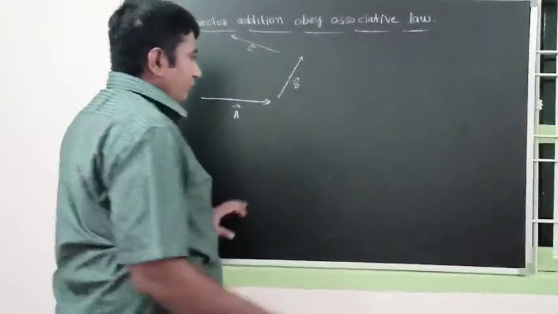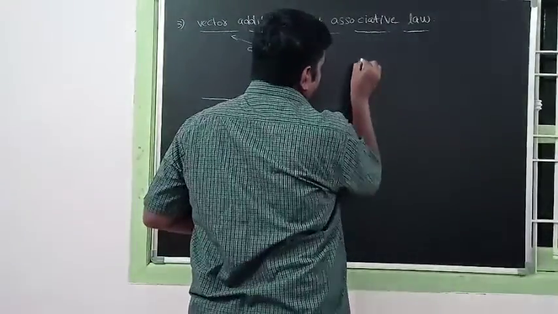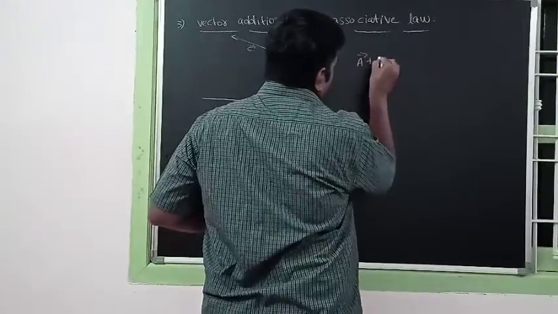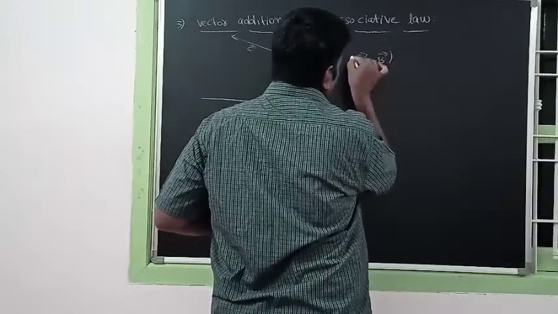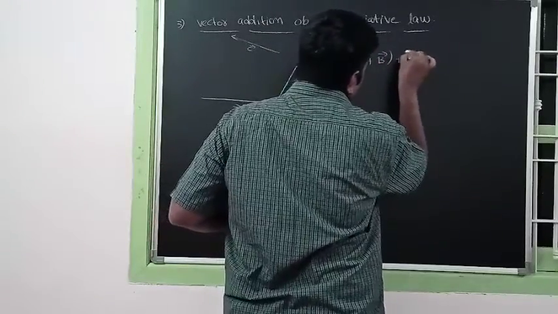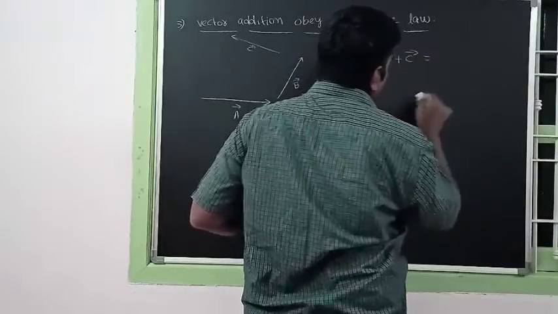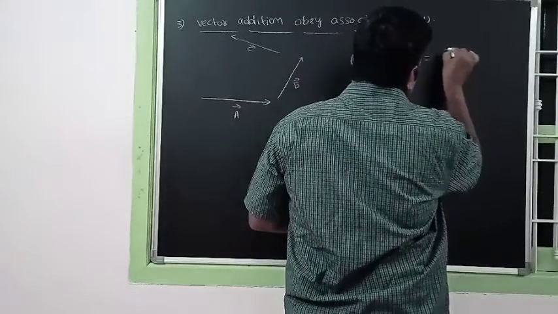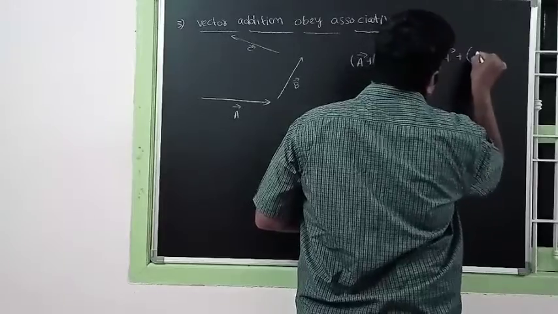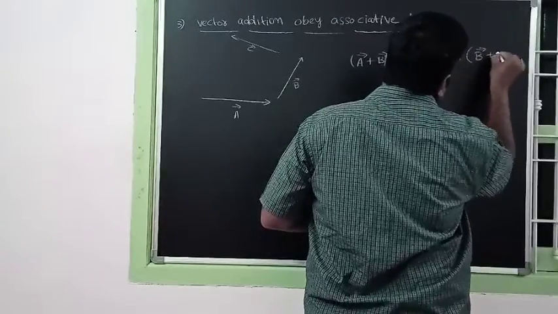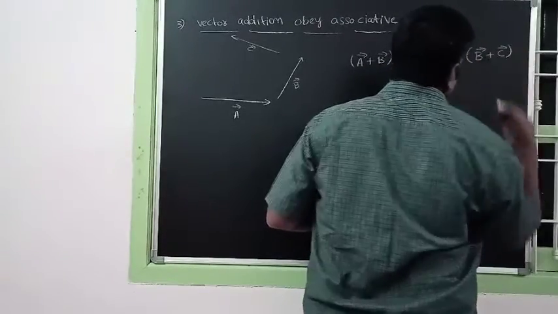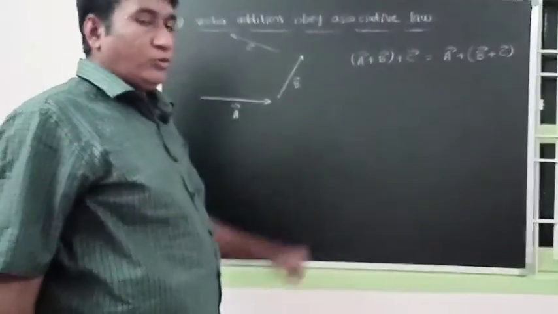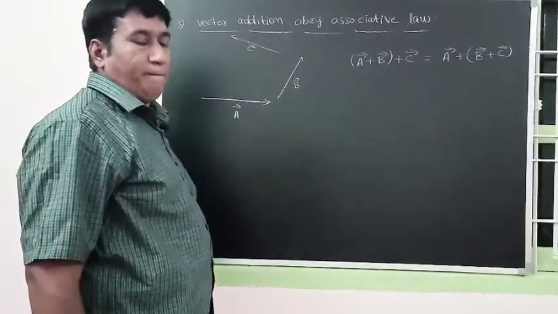So the associative law I can state like this: A vector plus B vector, plus C vector, is equal to A vector plus B vector plus C vector. This one we call the associative law.